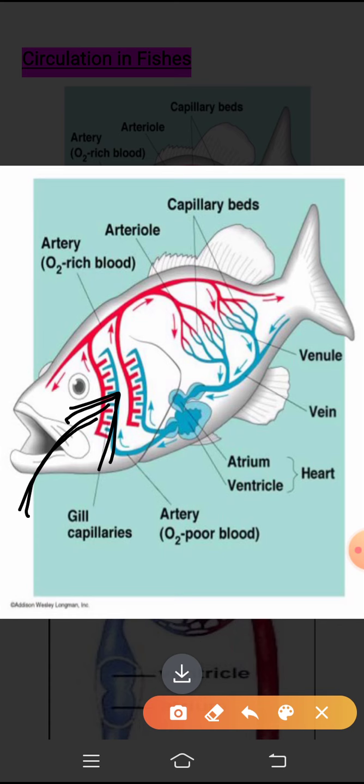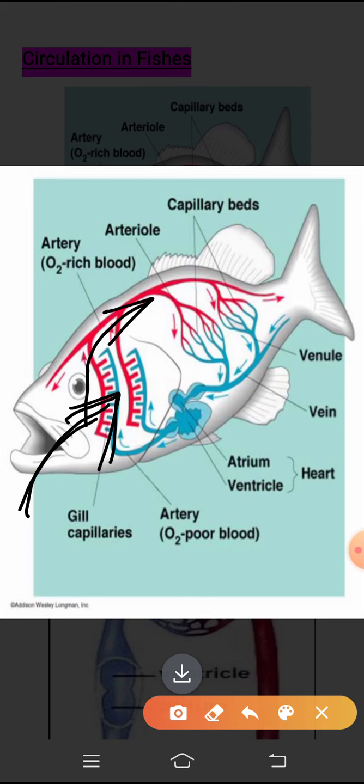The blood which is pumped to the gills gets oxygenated here, and this oxygenated blood now passes to the various parts of the body. It means in the fish the gaseous exchange takes place with the help of gills. Because of this, fishes do not have lungs.